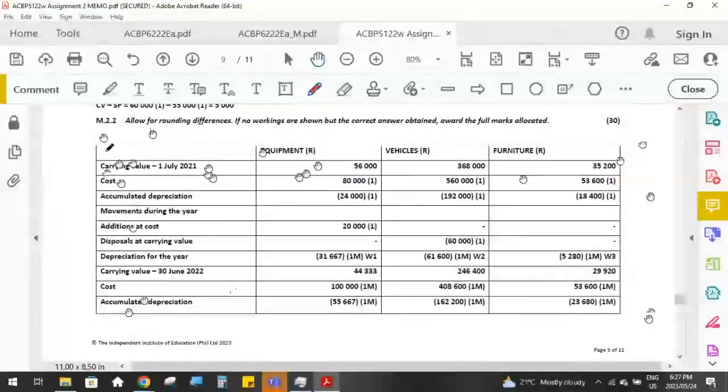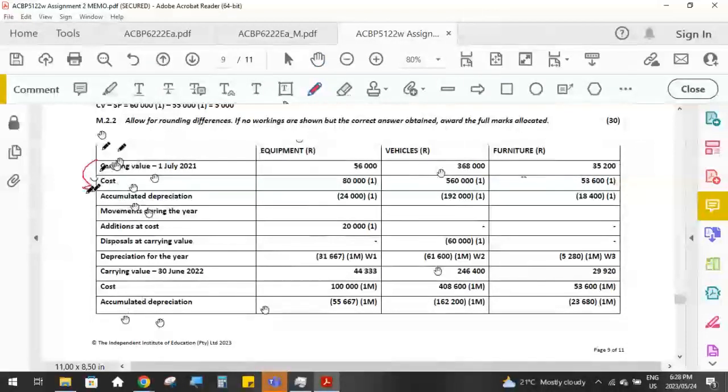We have at the top opening value, for cost minus accumulated depreciation equals the carrying value. And then at the end, we've got the closing values. Closing cost, closing accumulated depreciation equaling our closing carrying value on the 30th of June 22.